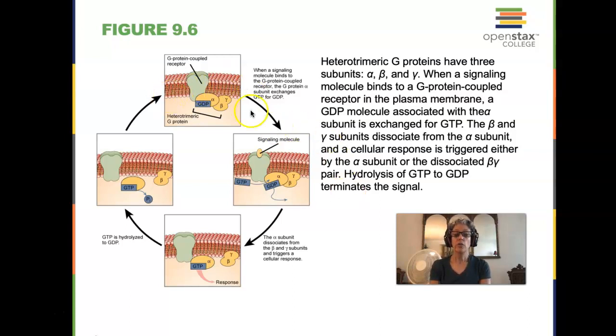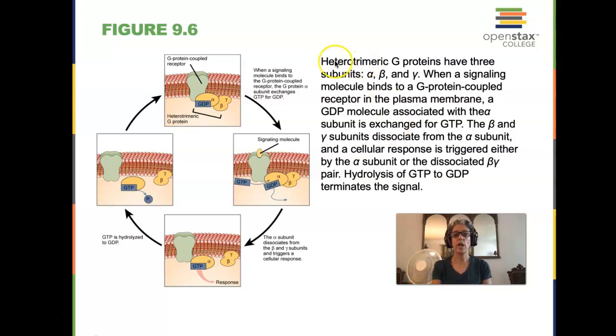I will walk us through this diagram, but I have also posted in the module along with this lecture several links for specific examples of how cells use these G protein coupled receptors. They are very popular and very often used mechanisms of signaling in cells. They are also targets for drug therapy.